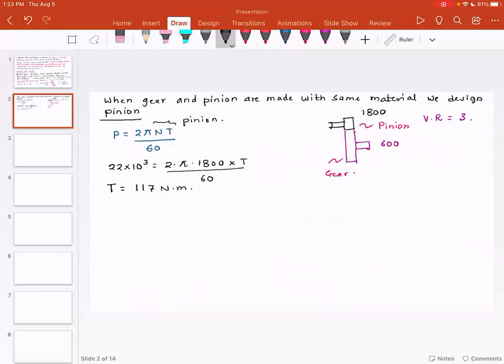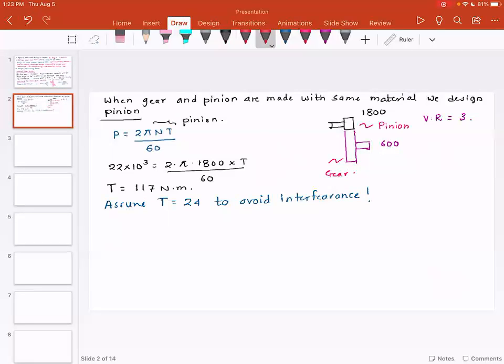So I'm going to assume the number of teeth is equal to 24 to avoid or minimize interference. And this is a design criterion, so you can choose the number of teeth.